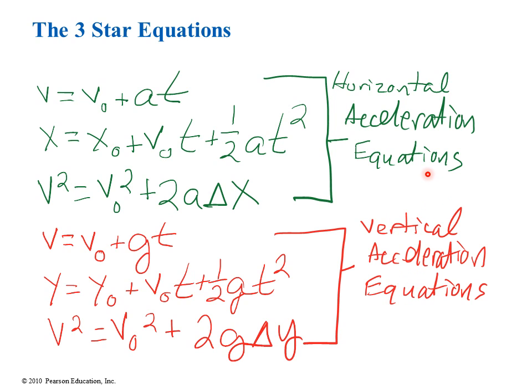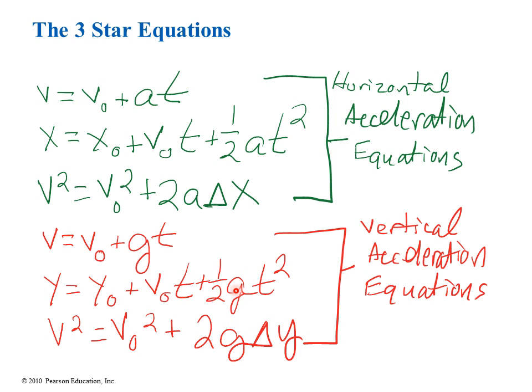So you have to know and be keenly aware that the X will turn into a Y because it's a vertical problem. And you'll also be keenly aware that when we are solving vertical acceleration problems, the acceleration in the Y direction will be the acceleration due to the force of gravity.